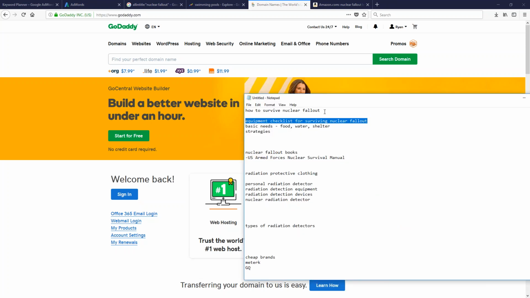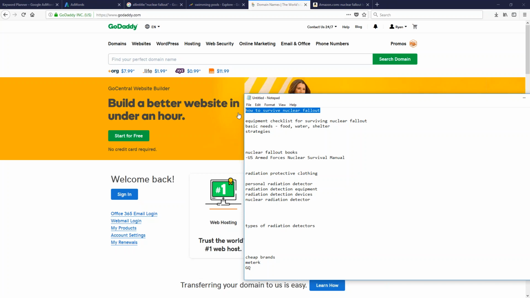If that's going to be the primary keyword phrase for my entire website, I don't need howtosurvivenuclearfallout.com. I don't need survivenuclearfallout.com. But if I could have the word survive or nuclear or fallout or any variation of those three words within my domain name, then it will give me at least some kind of an edge over competition that does not have that in their domain at all.